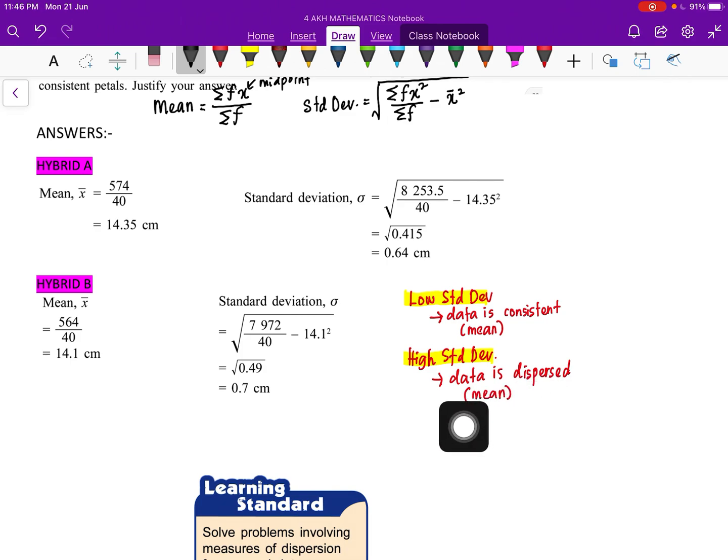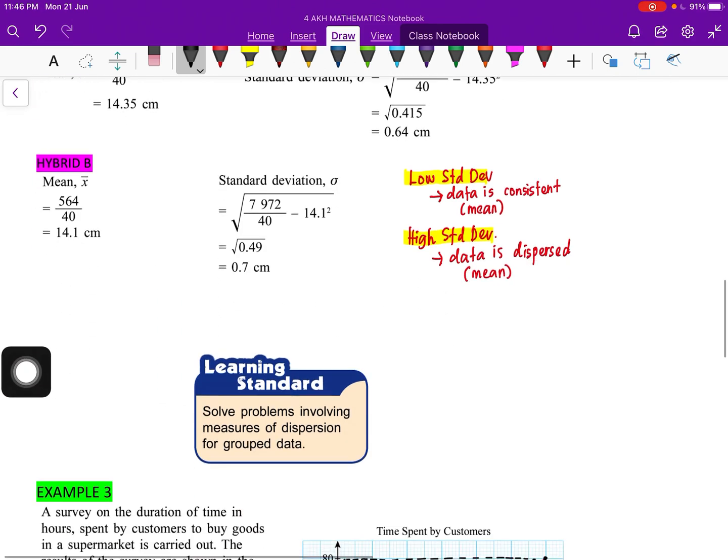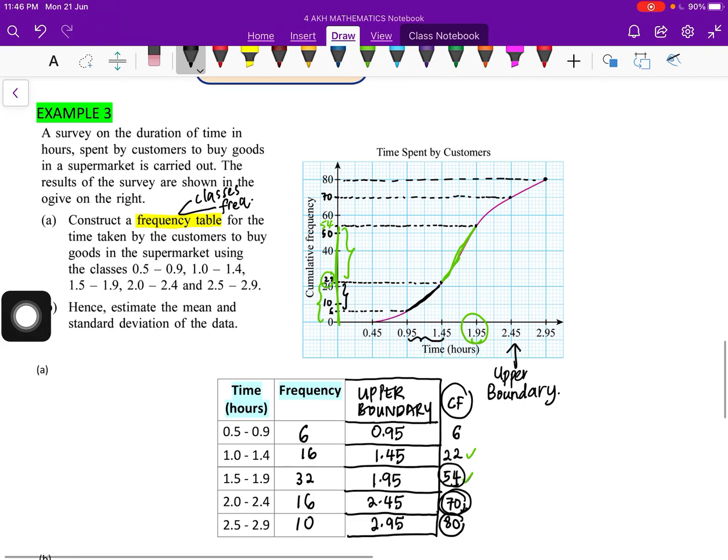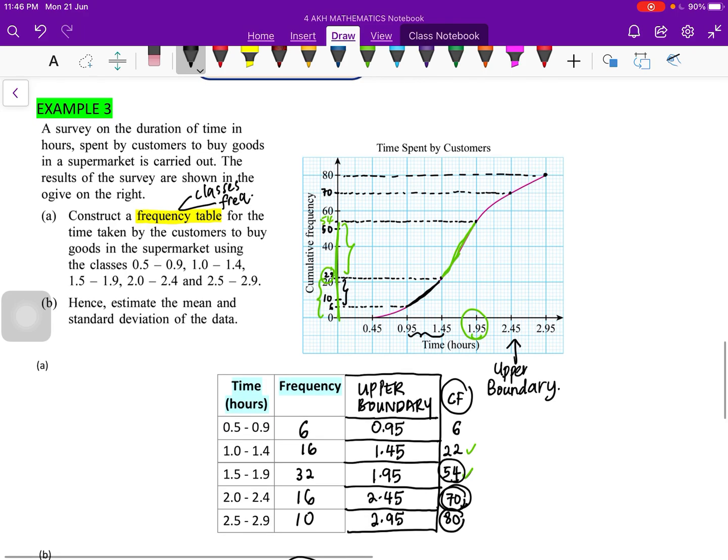Okay, dispersed away from the mean. Okay, and then lastly kita bagi learning standard solving problems. So please keep in mind, solving problems can be any type of questions that covers the learning standards before yang kita dah belajar. Okay, so that's it for today.